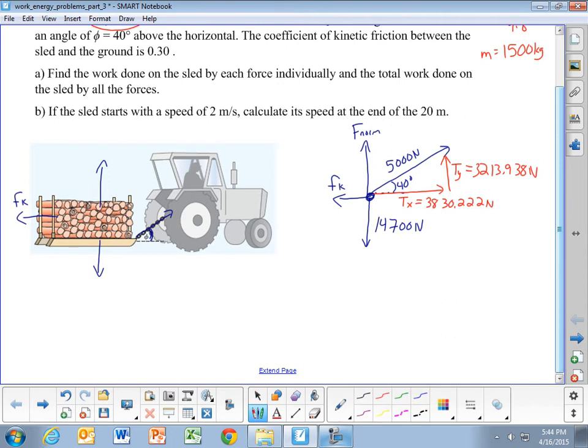To find the normal force, the forces acting upwards have to balance the forces acting downwards. So the normal force plus the y component of the tension has to equal the force of gravity. The normal force plus 3,213.938 has to equal 14,700 newtons, which gives a normal force of 11,486.062 newtons.